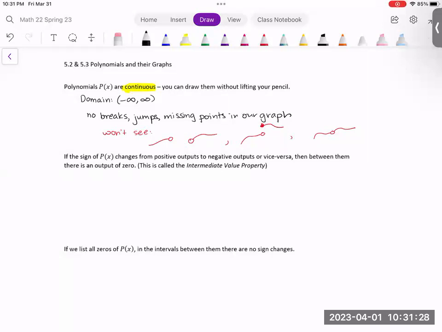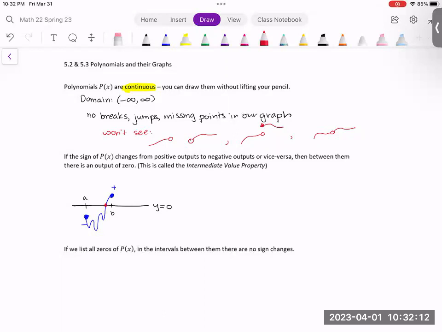So let's draw a little sketch to express this. Here we have the line y equals 0. So this says that if we have a continuous function on an interval and we have a sign change from a to b, then no matter what is going on with our function, it could be doing crazy things, but at some point it has to cross the x-axis.